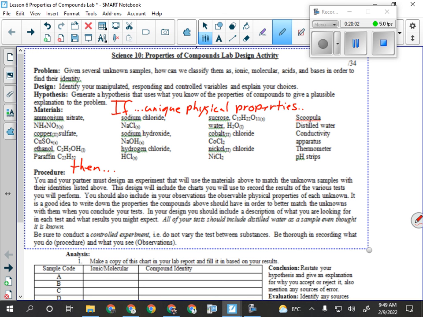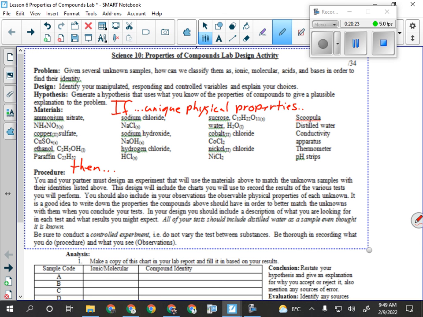I'm hoping to identify the materials, because every material is going to have a different set of data. So my predicted results are that every unknown compound will have different data and physical properties.